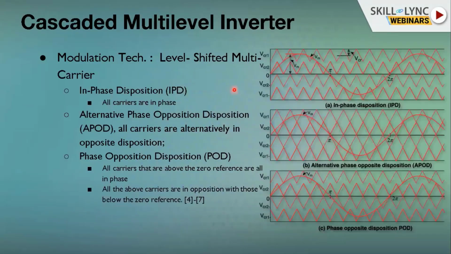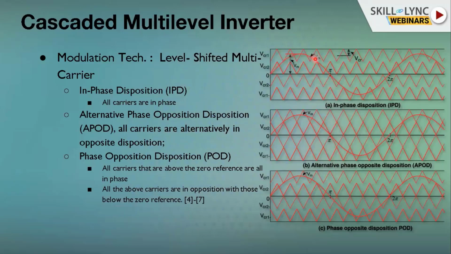These are the techniques which are prominently established and in very common use. The first one is called in-phase disposition. The second one is called alternate phase opposite disposition. The last one is called phase opposite disposition. These are all dispositions.